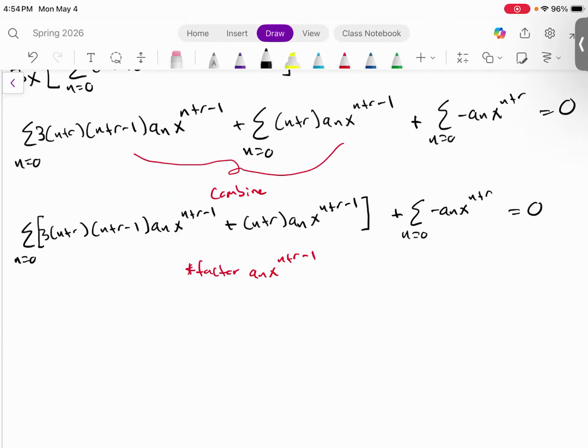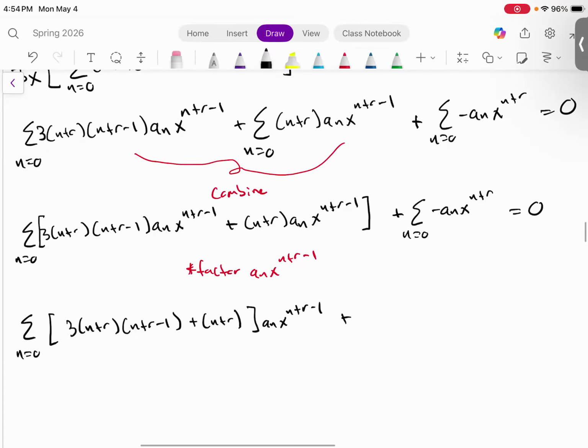And so what I would be left with is the power series n equals 0, brackets: 3 times n plus r times n plus r minus 1, plus n plus r, brackets, and we factor out the a sub n x to the n plus r minus 1. Okay, and then our term on the right here is still unchanged.